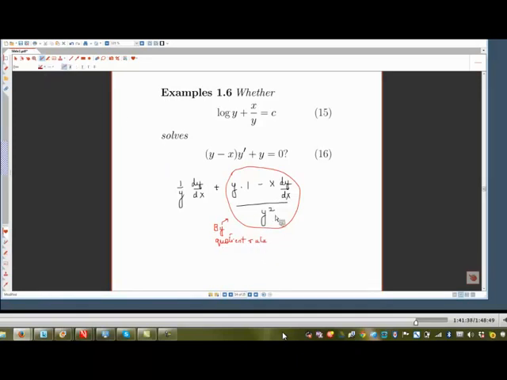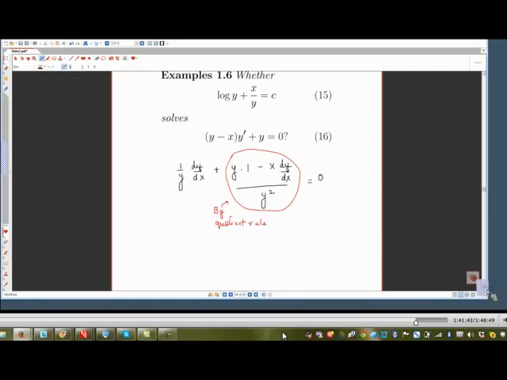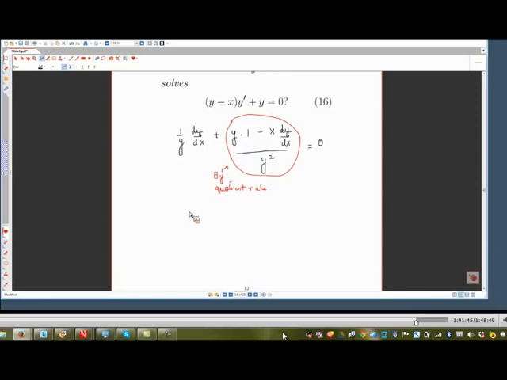Derivative of a constant is 0, so this equals 0. Now if we simplify this, we multiply throughout by y square. We get y dy over dx plus y minus x dy over dx equals 0. Now we would like to get this differential equation back from here if this is a solution.